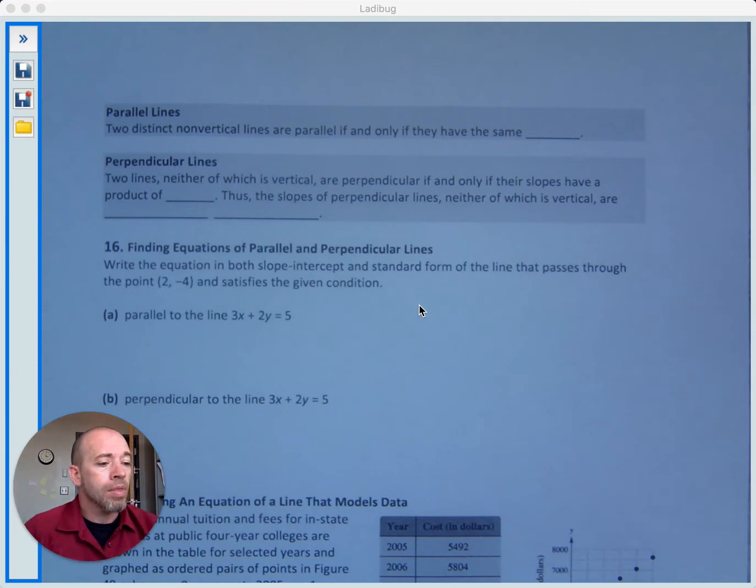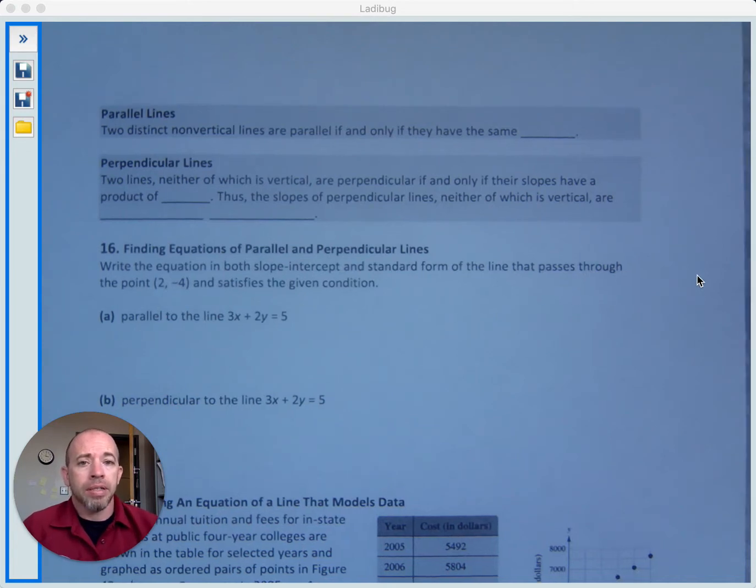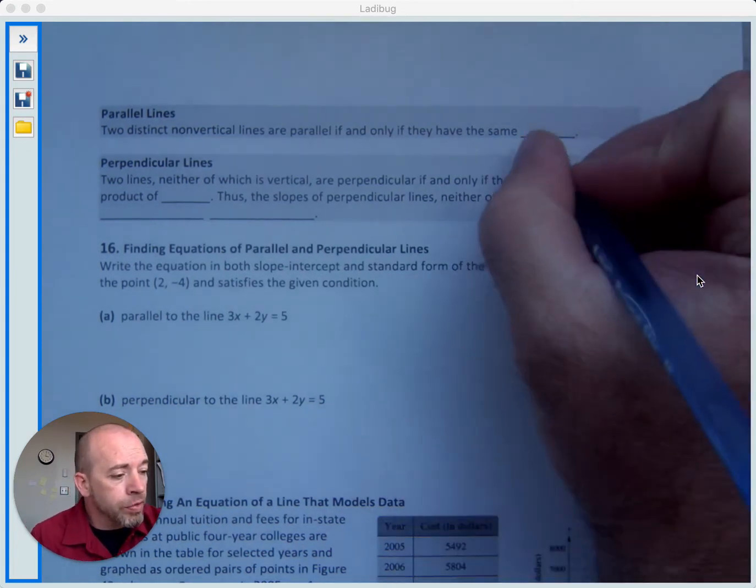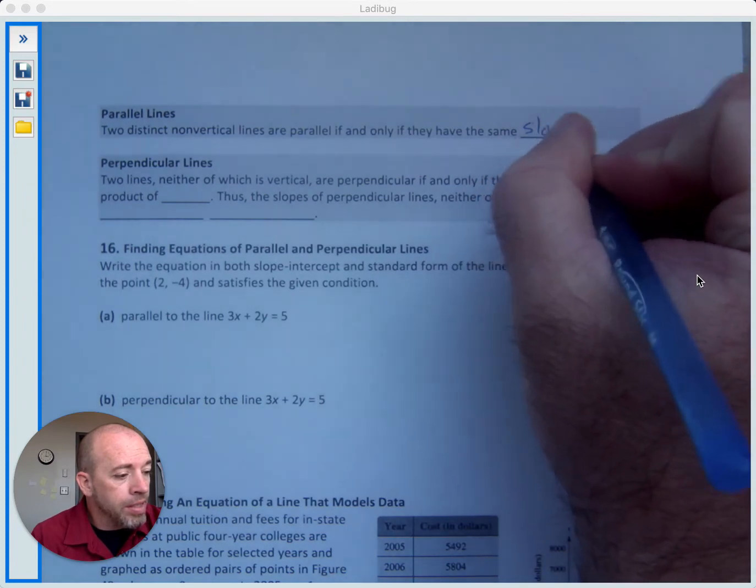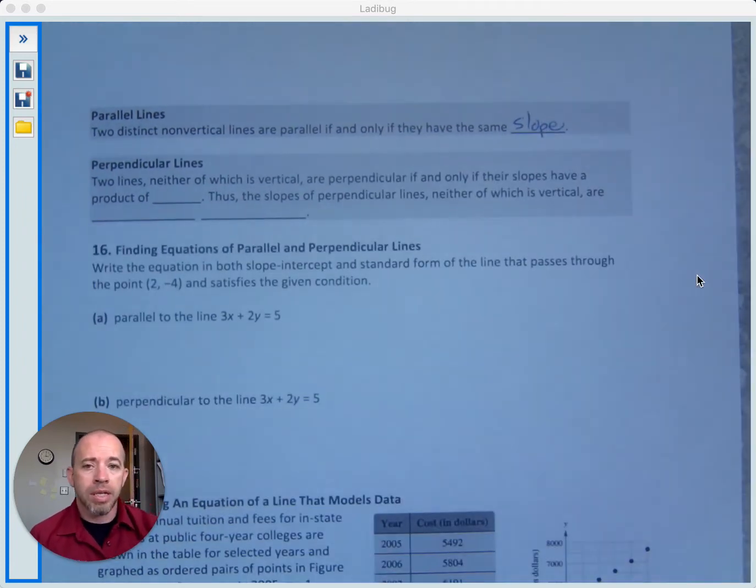So, just for some review, if we have two non-vertical lines that are parallel, then they have to have the same slope. Remember that parallel lines have the same slope. The reason we say non-vertical lines is because if they are vertical, the slopes are undefined.